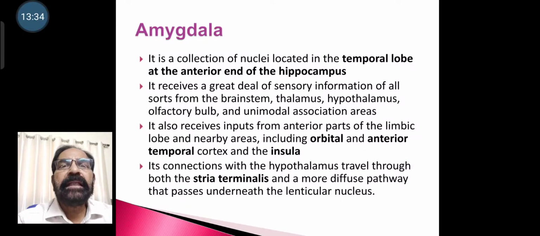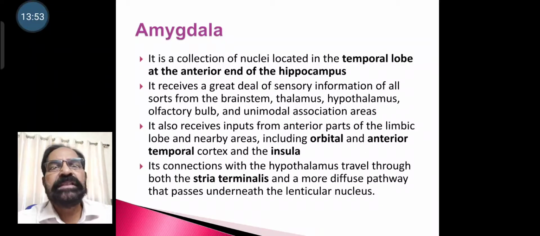Amygdala. It is a collection of nuclei located in the temporal lobe at the anterior end of hippocampus. It receives a great deal of sensory information of all sorts from brainstem, thalamus, hypothalamus, olfactory bulb, and unimodal association areas.